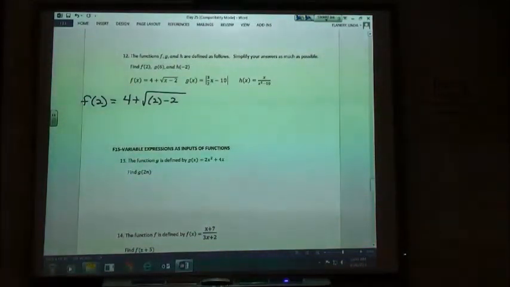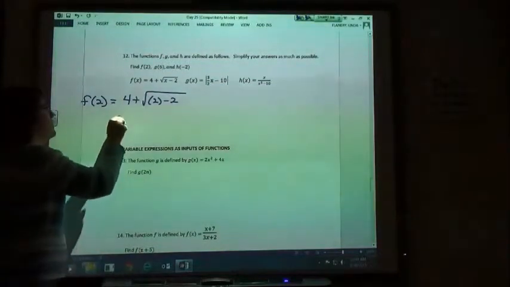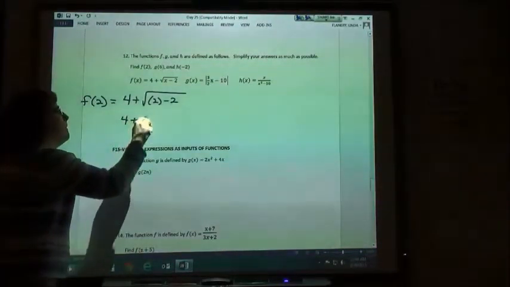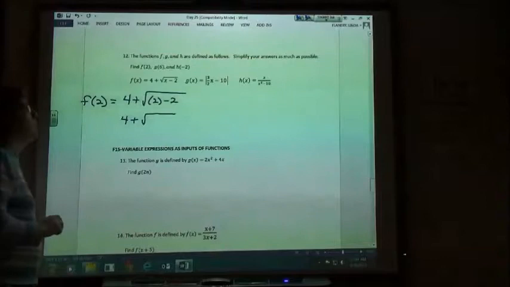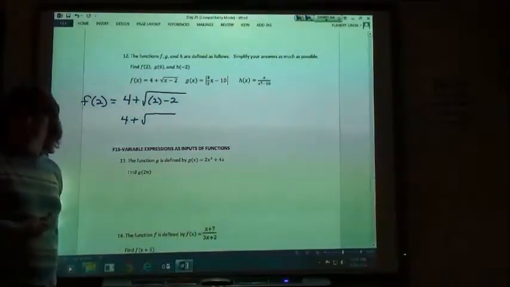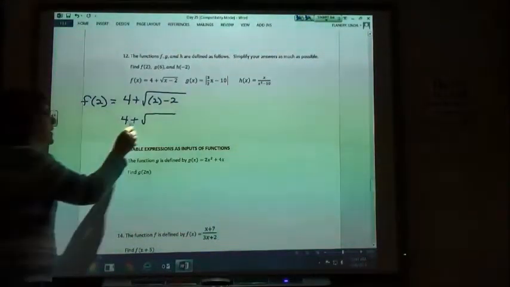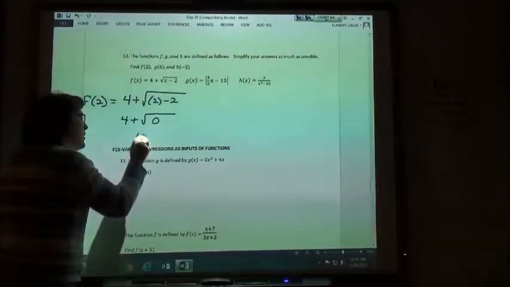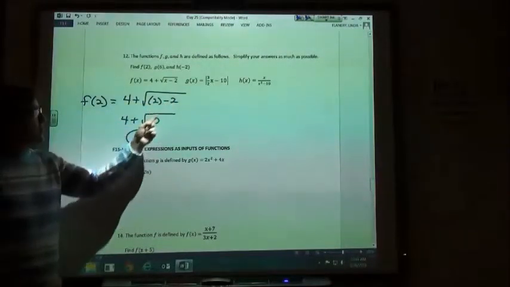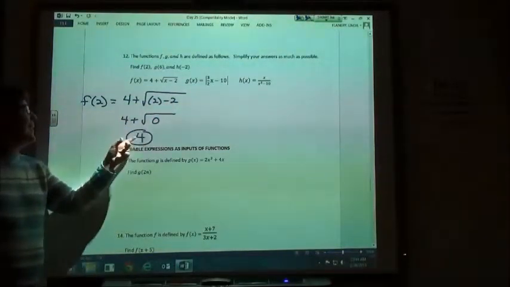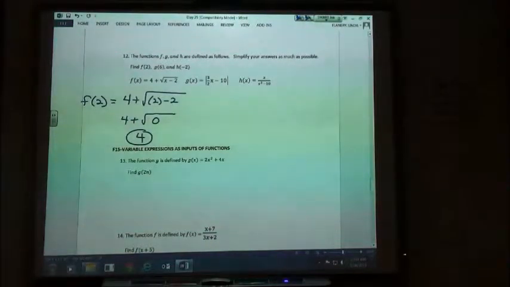If I simplify that, you get 4 plus the square root of 0, which just gives us 4, because 2 minus 2 is 0.